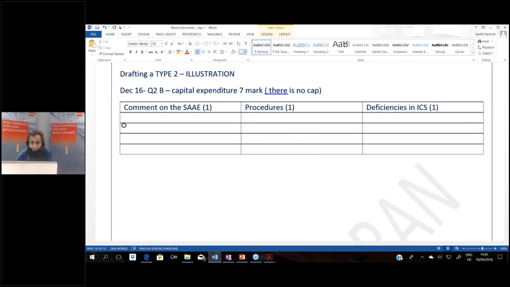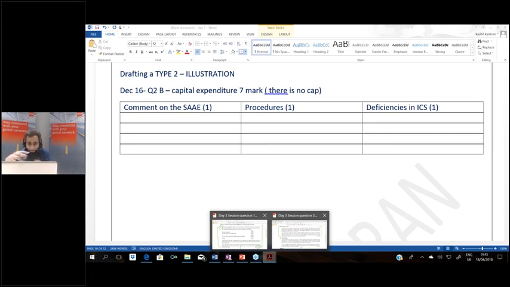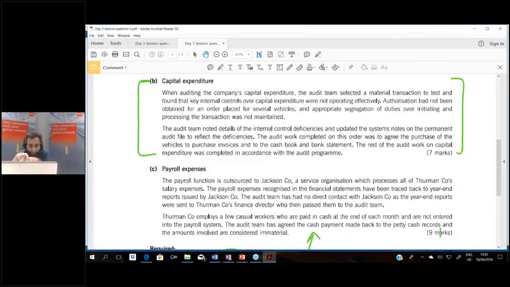Okay, I start reading the case. Let's see how we fill in the columns. When auditing the company's capital expenditure, the audit team selected a material transaction to test and found that the controls over the expenditure were not operating effectively. The audit team selected a material transaction.